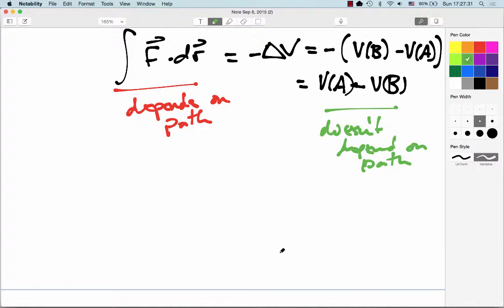But in higher dimensions, we can imagine an infinite number of possible paths that connect our two endpoints, A and B. So for us to tell if a force is conservative, probably the easiest thing for us to do is to take a look at closed paths.